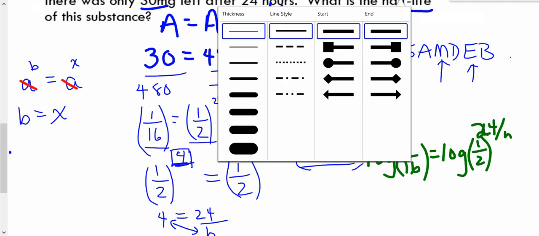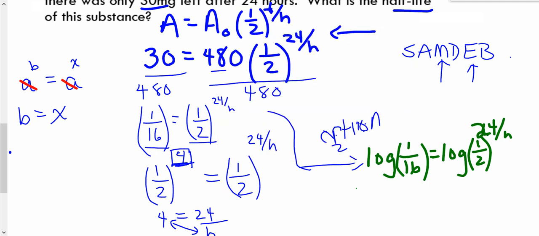And then one of the rules I showed you before was the reason why you'd log both sides is so that you can bring your exponent down and it comes in front of the log expression. So 24 divided by h comes in front of the log of 1/2.